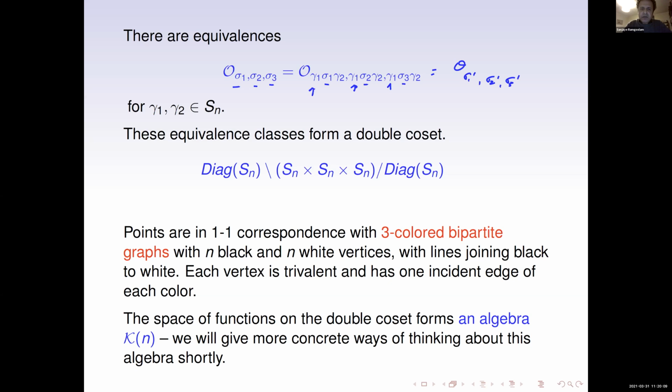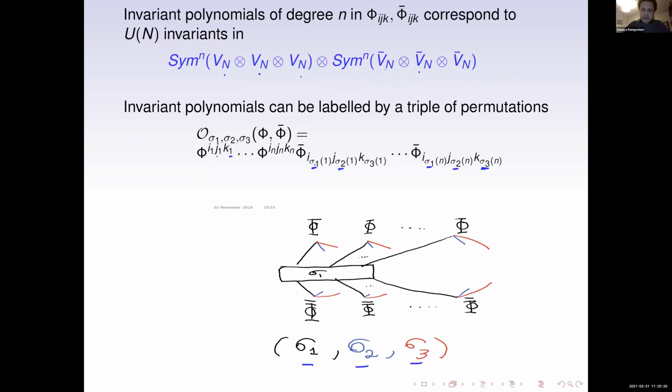It has to be the same gamma 1, and a multiplication on the right by a gamma 2, which is the same gamma 2. Those two correspond to the operation of permuting these phi's here, which produces a gamma 1, and the operation of permuting these phi bars, which produces a gamma 2.